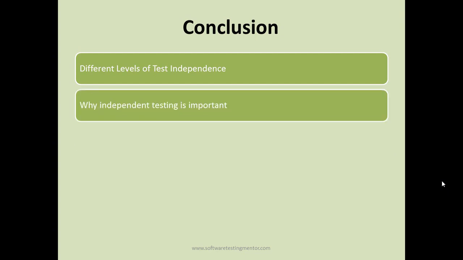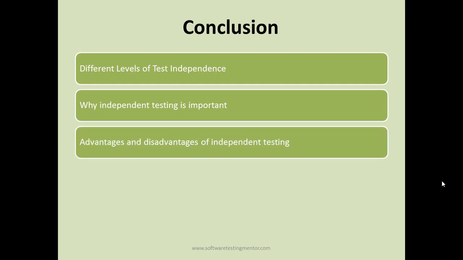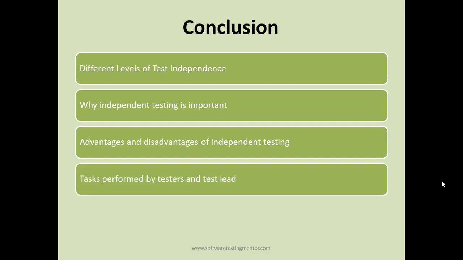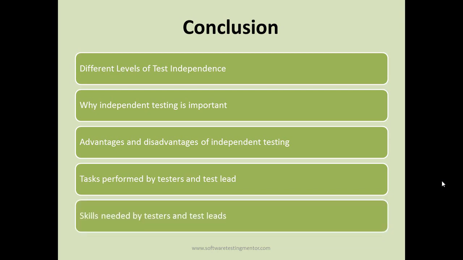Then why independent testing is important, we learned about that. And what are the advantages and disadvantages of independent testing, what are the tasks that need to be performed by testers and test leads, and the skills needed by testers and test leads.